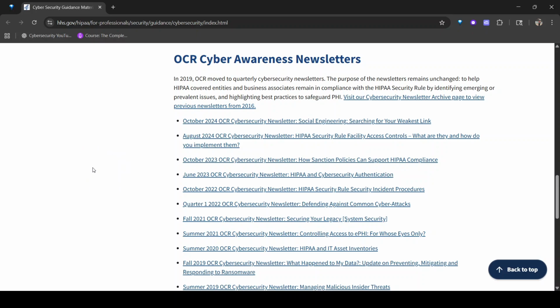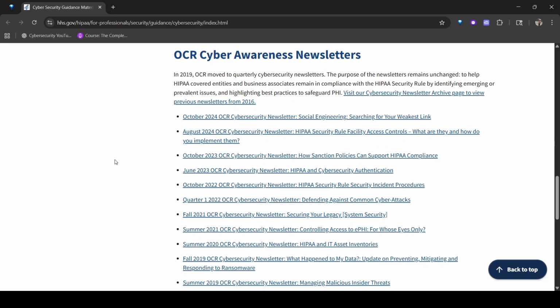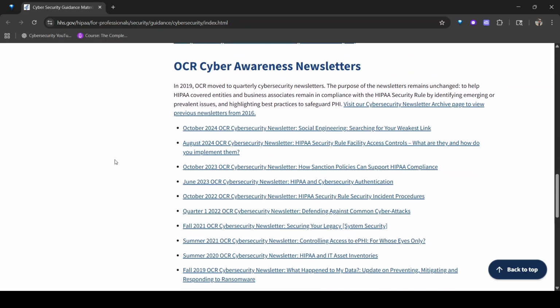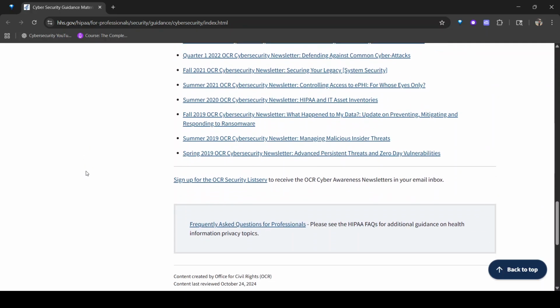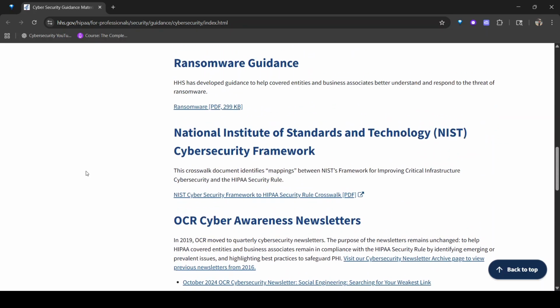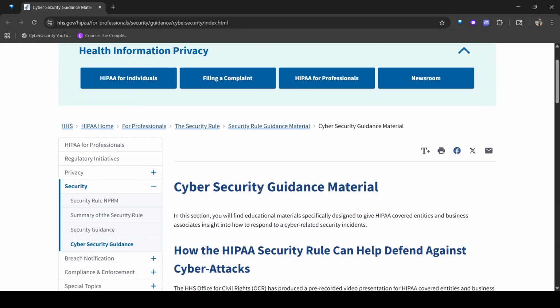I get my cybersecurity newsletters from The Hacker News, but that doesn't mean they're the only source of them. You can get your information from a lot of these different sites. They're all pretty good to read up on. And that's going to do it for the HIPAA bit. Just a really cursory overview.